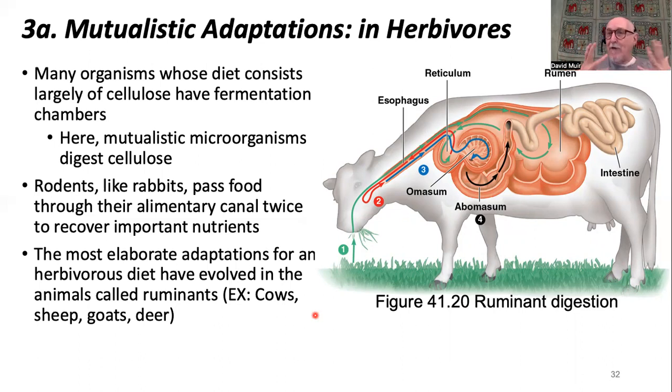Rodents, many rodents like rabbits, will actually also chew their food twice. What they do is the food has one pass through the digestive system, and they produce what are called pseudo feces. They're not feces. It's half digested food, which they eat again and pass again. And so they re-chew it and re-extract as much as they possibly can.